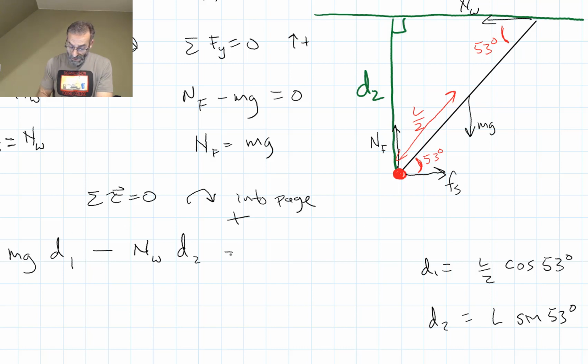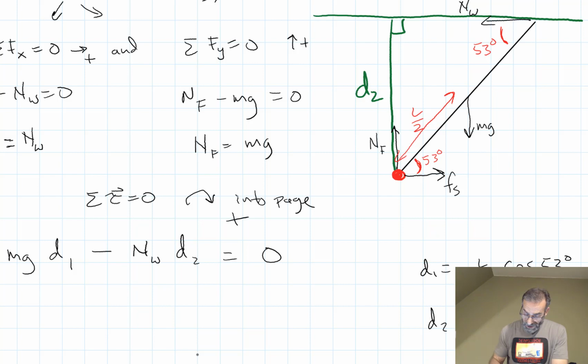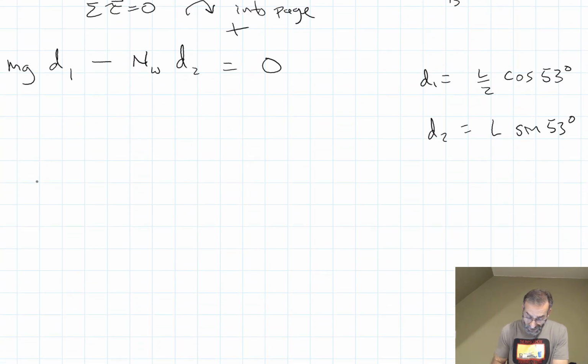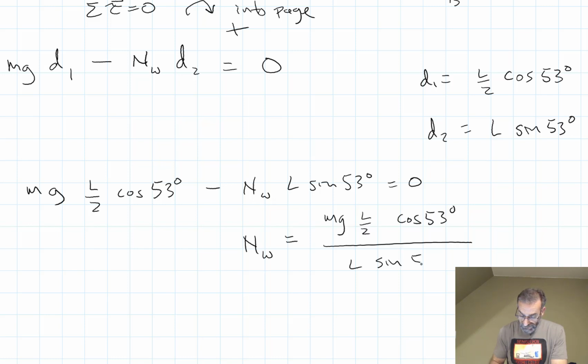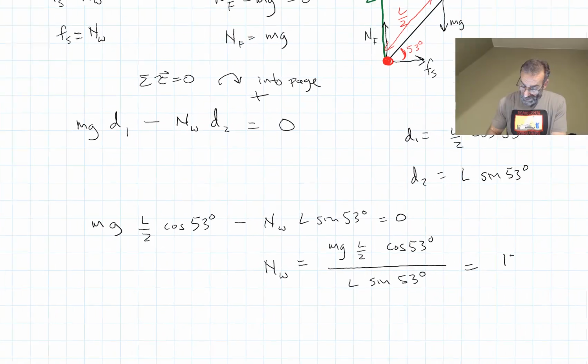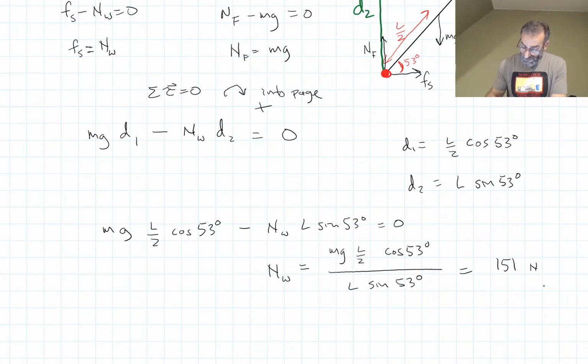And I add up these torques, and I have to get 0. So let me plug in. I've got mg L over 2 cos 53 degrees. And now I can solve for the normal force. I got 151 newtons.